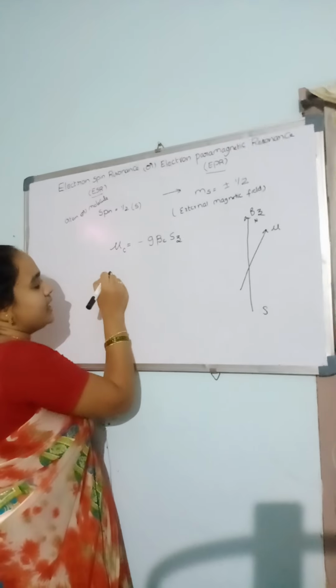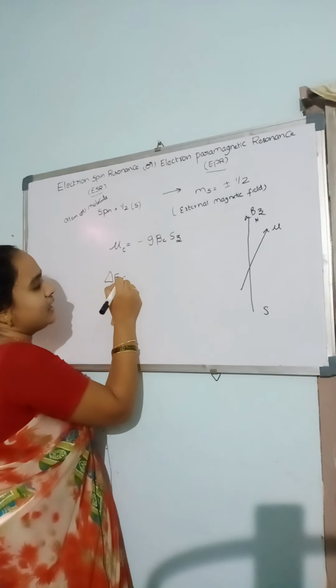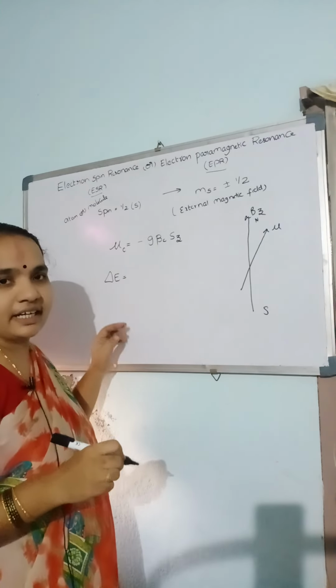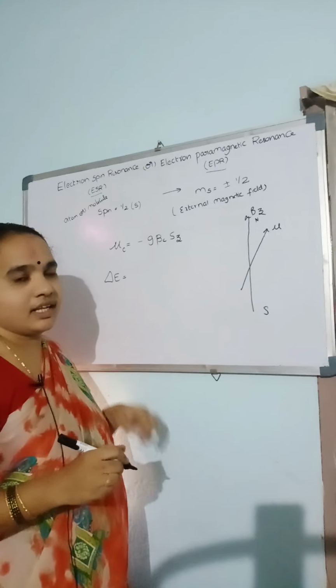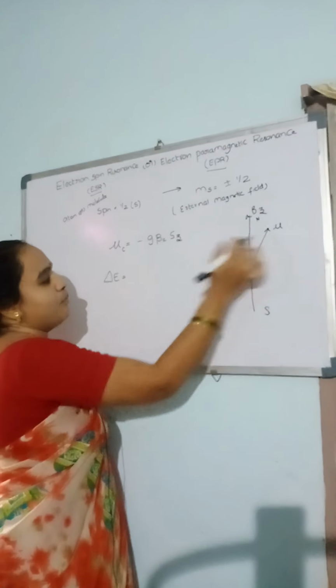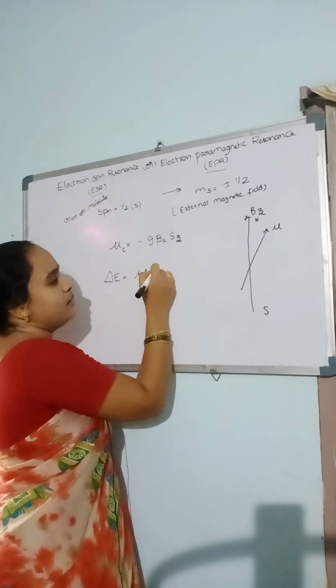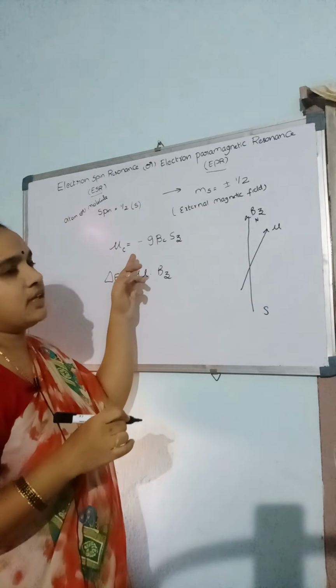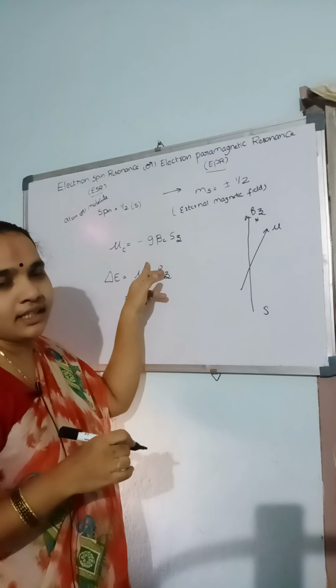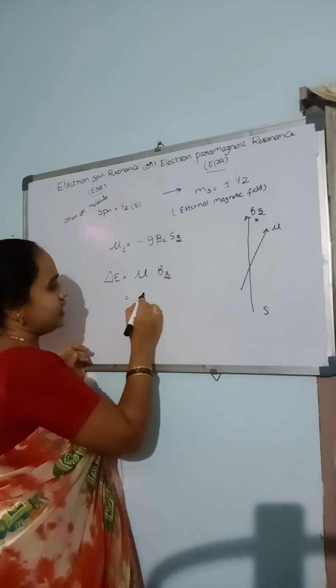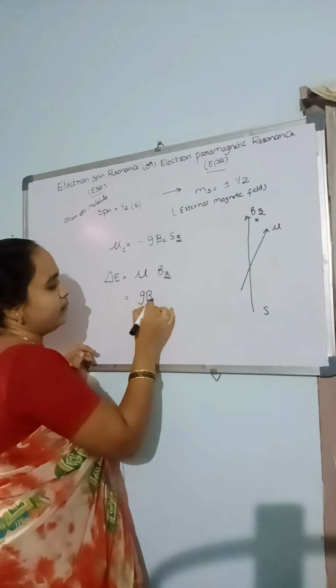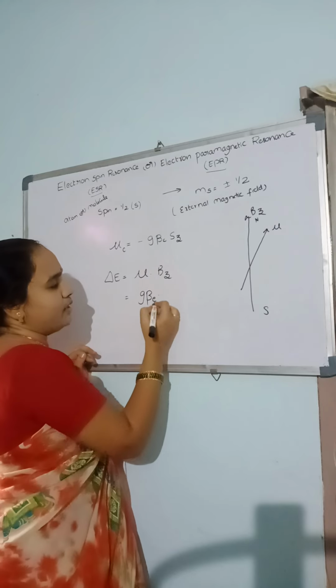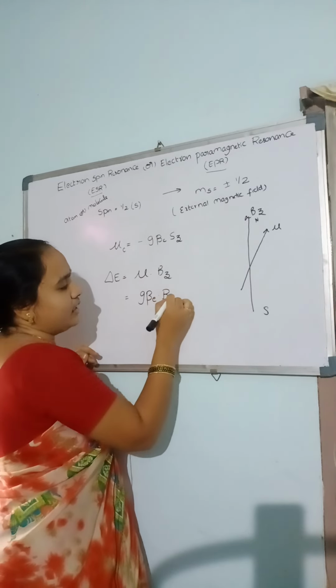I indicate this with the term delta E. Delta E is the interaction energy given by mu dot Bz. Omitting the negative sign, which indicates the negative charge of the electron, we get g beta e, and the Sz component is half. I write it as g beta e Bz.